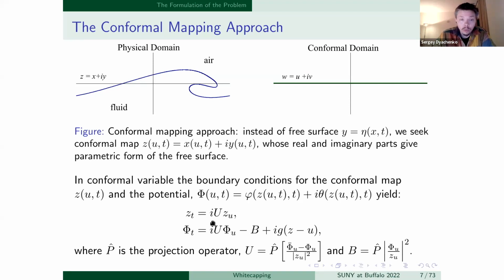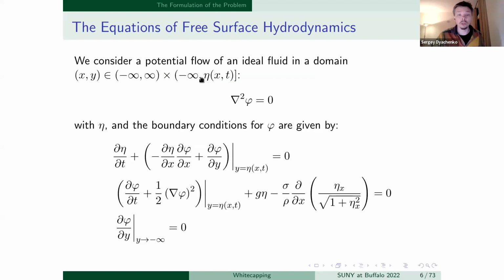So that's this equation dz by dt. And in addition to that equation, we will also have an equation on how the complex potential, which we defined as velocity potential plus i times the stream function, depends on time as time evolves. So that's the second equation. Those two equations are completely equivalent to the original system that's written down here.